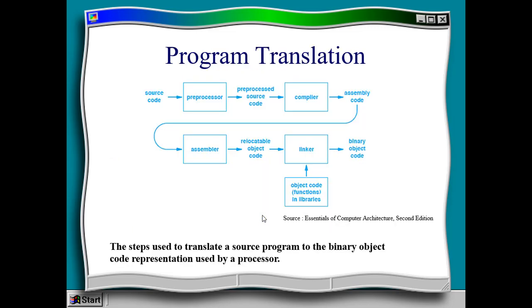All right, so we go straight on to something called a program translator. A programmer uses a high level language to create a computer program, which we mostly call the code or the source code.